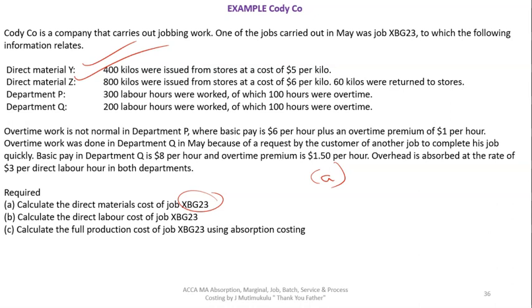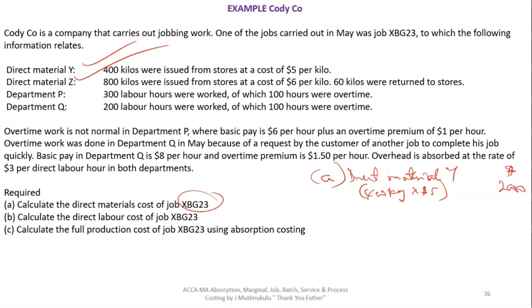Let's start with Y. Direct material Y: we have 400 kgs at $5, which is equal to 2,000.